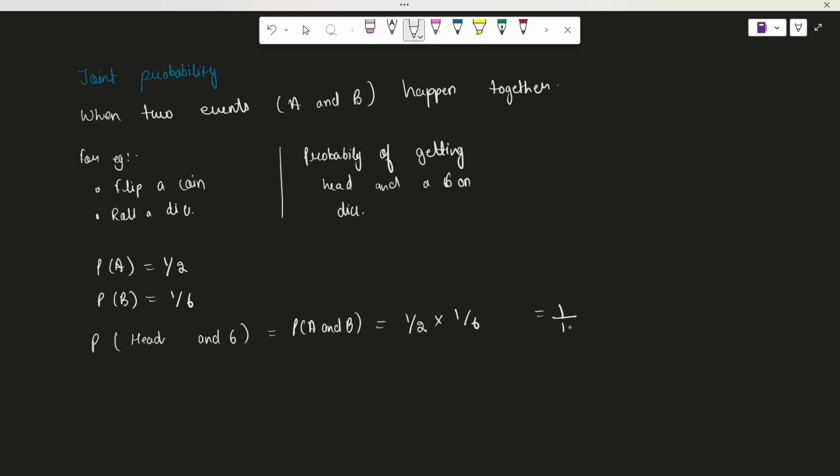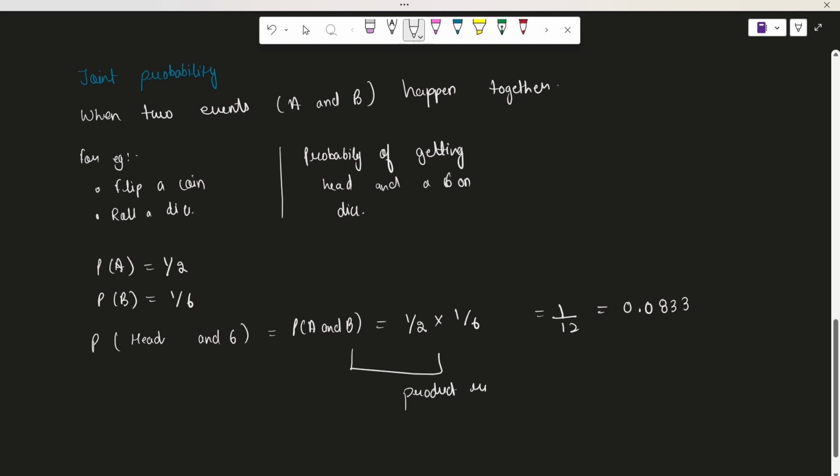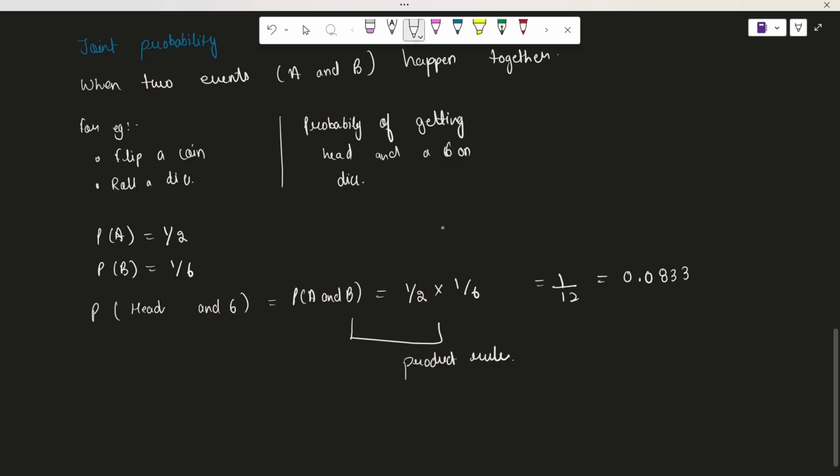We get 1 by 12, which is approximately 0.083. This is called the product rule. We are assuming that these two events are independent. Therefore, we're just taking the probability of A times the probability of B.